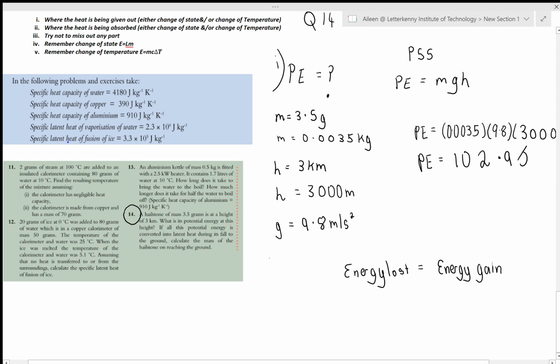So I have my hailstone up at a height, and this is going to fall down and be converted into a liquid. It gains its energy to convert from a solid to a liquid by gaining the potential energy that is lost as the object falls.